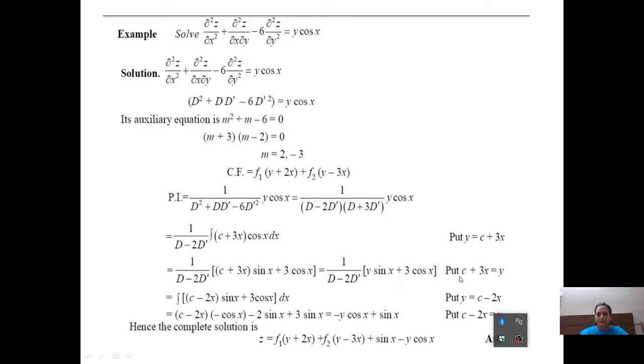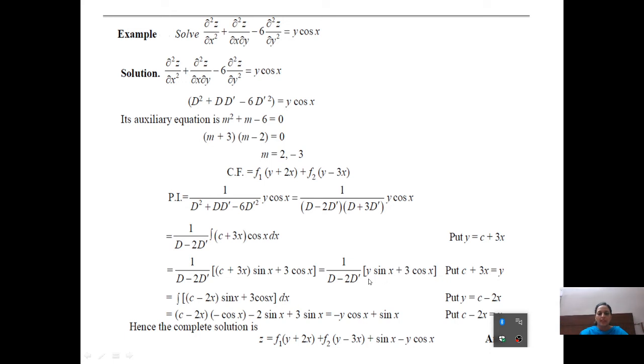Finally solve it, and the obtained solution will be again solved with this other factor, that is d minus 2d dash. So again, if we are going to solve the equation with this part, we will place an integration, replace the y term with y is equal to c minus 2x, and the other existing parts are written as they are because x is not to be replaced by anything.